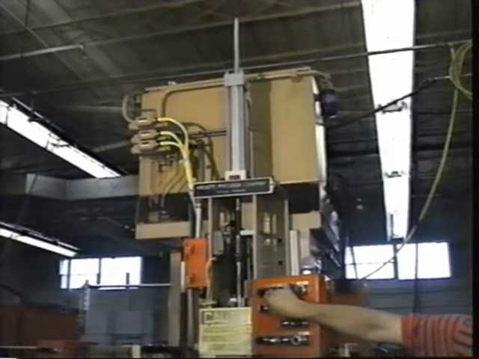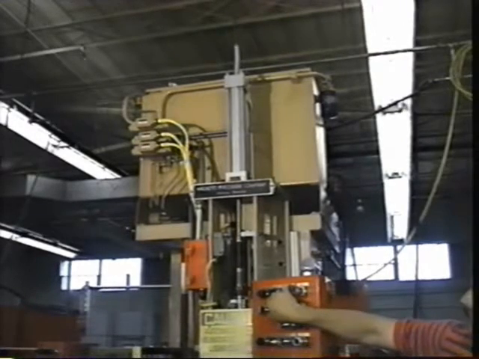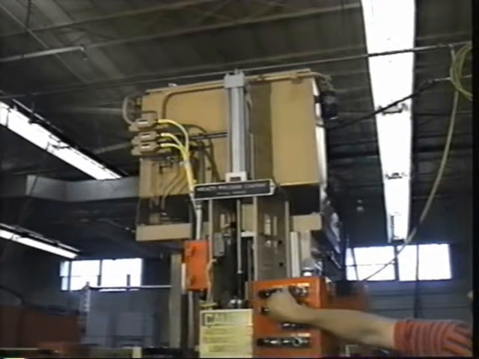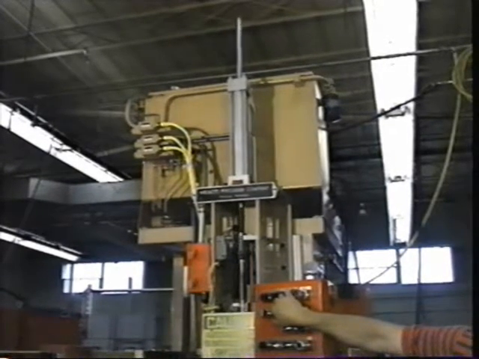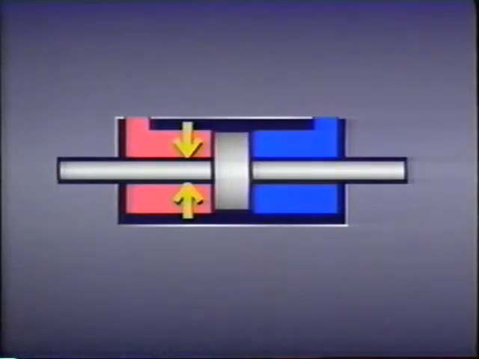In some applications, a cylinder must extend and retract its rod at the same velocity. When this is necessary, a double rod cylinder can be used. As long as the rods on both sides of a piston are the same diameter, the area on each side of the piston exposed to flow will also be equal, so rod velocity will be the same.